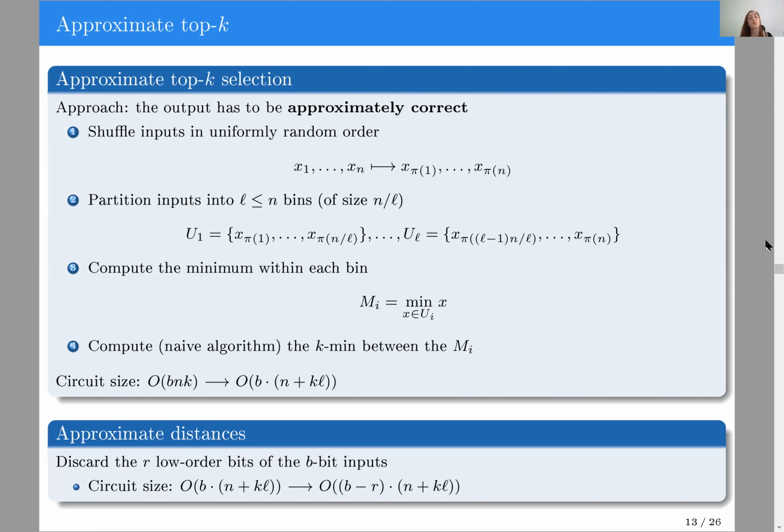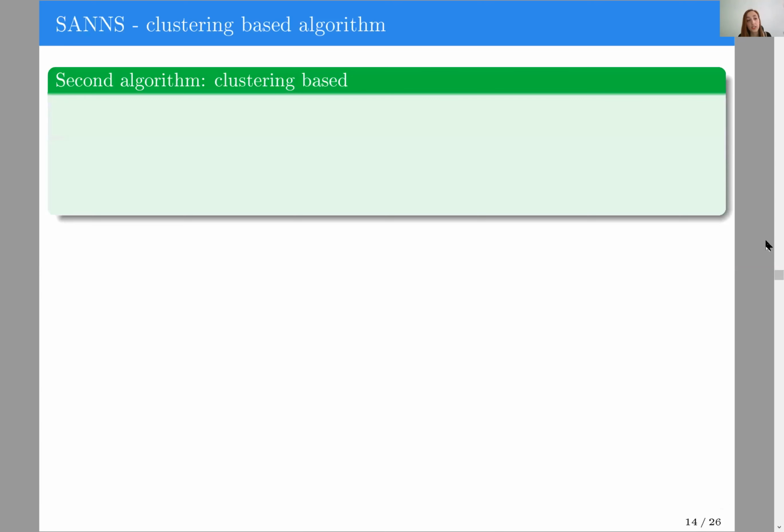This top K selection algorithm is actually the main reason why we have an improvement compared to the state of the art, to previous linear scan algorithms.